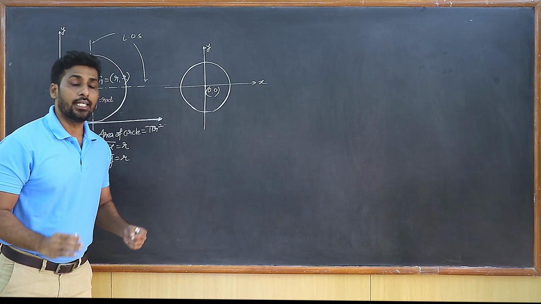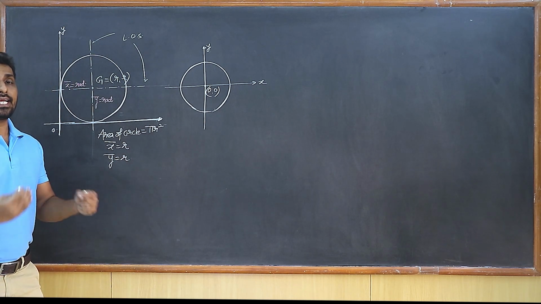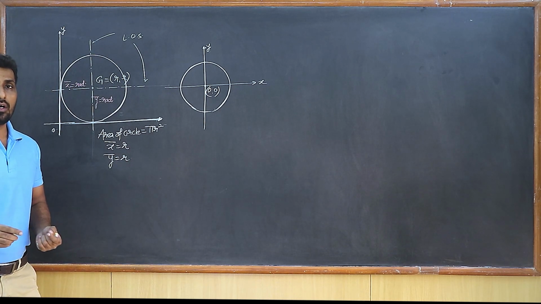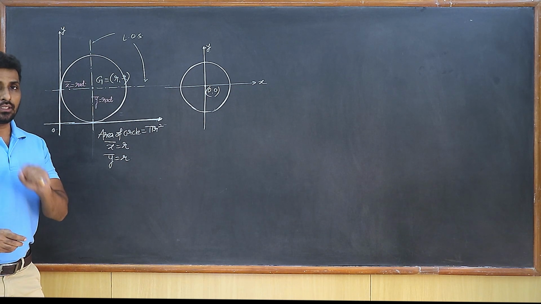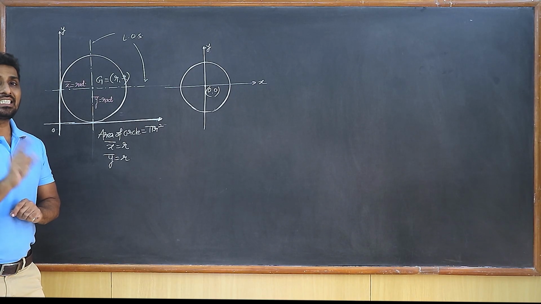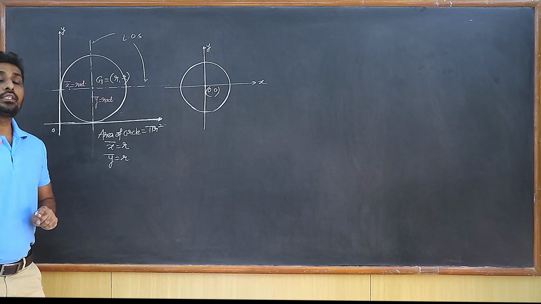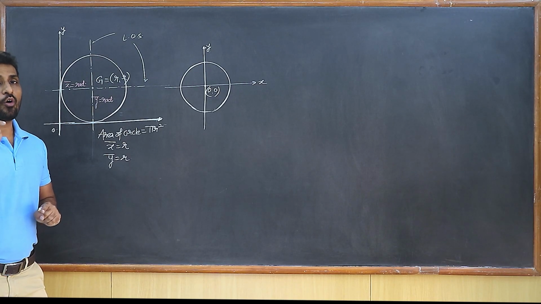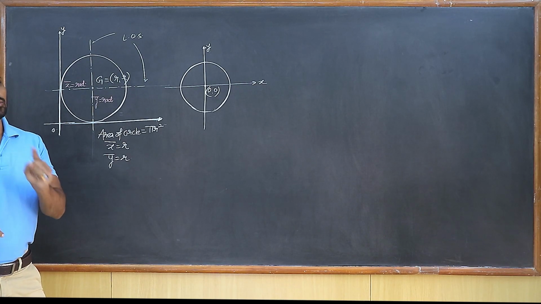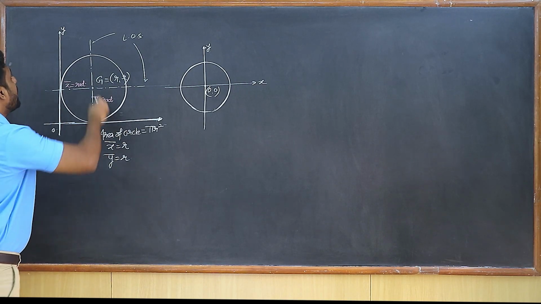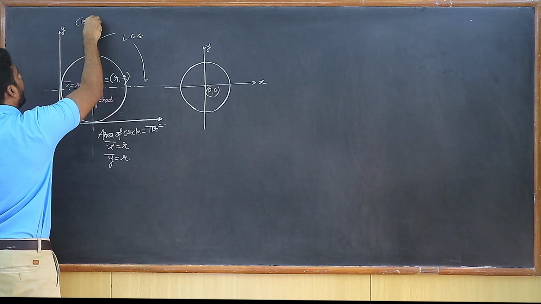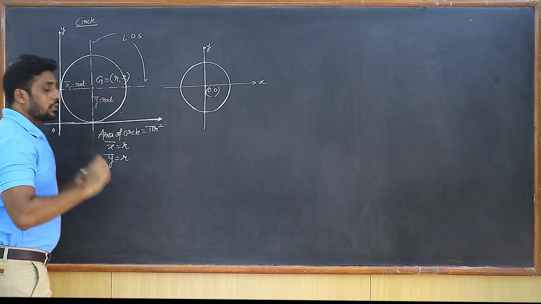So it all depends where you have kept the x and the y axis. So always remember, if you want to tell the coordinates of the centroid, you see what is its distance from the y axis, that becomes the x coordinate, and you see the distance of the same centroid from the x axis, that becomes the y coordinate. So here we have understood how to find the centroid of a circle.